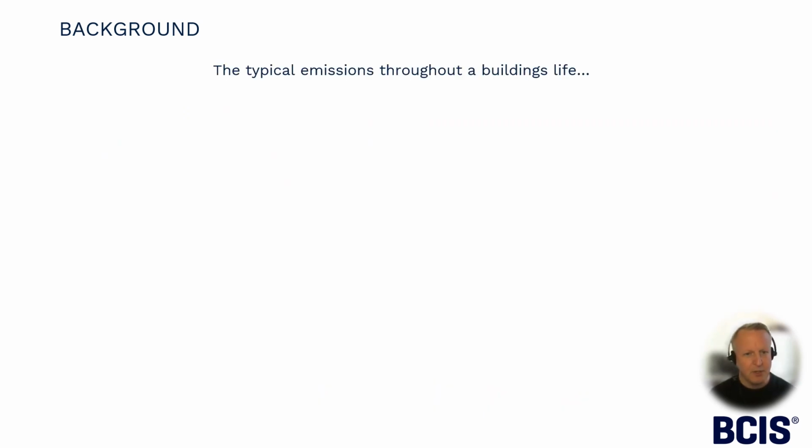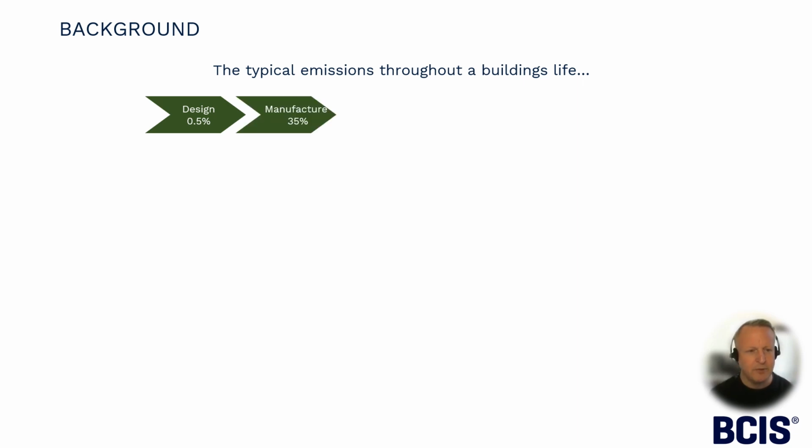The typical emissions throughout a building's life will obviously change. So the design phase is generally a relatively small amount of emissions associated with it. Manufacturing all of the materials that we were talking about earlier would generally be a much higher proportion.